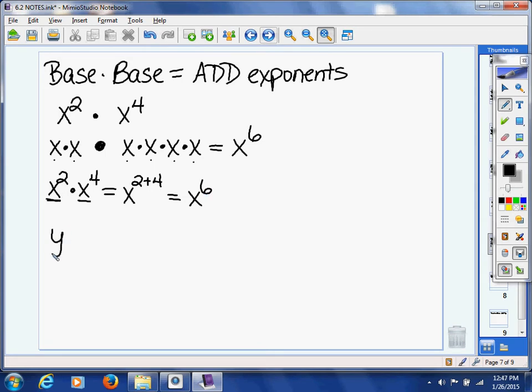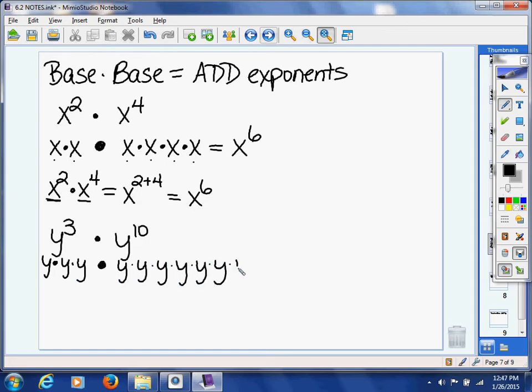Okay, let me show you another one. Let's do y to the 3rd times y to the 10th. Okay, if I expand it out, there's 3 y's here, and there will be 10 y's here. All right, how many y's do you see being multiplied together?